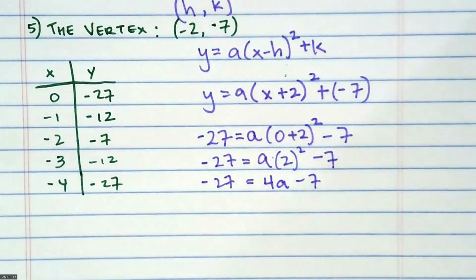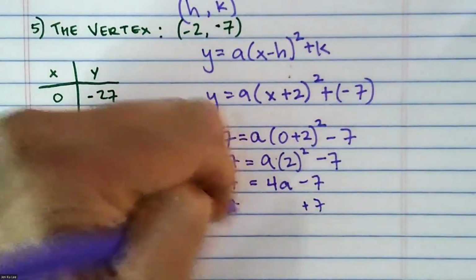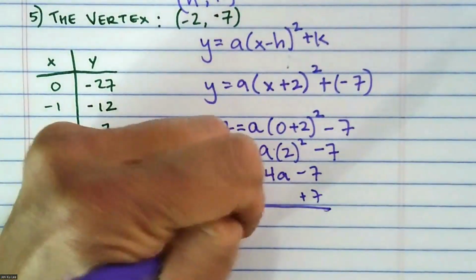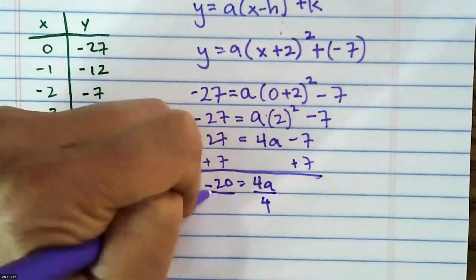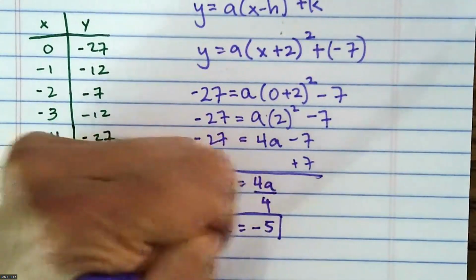All right? And then I'm going to proceed to just solve for a. So I'm going to add 7 to both sides. And then I have negative 20 equals 4a. Divide by 4, divide by 4. So a equals negative 5, right?